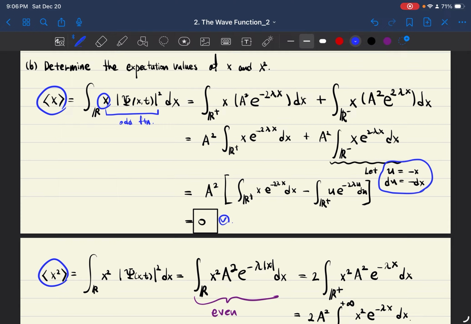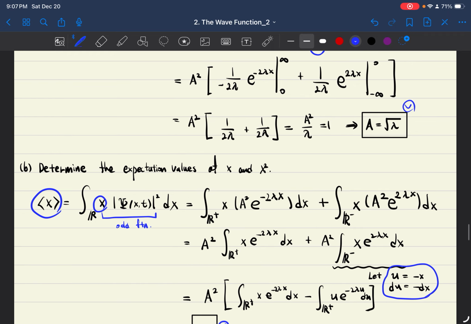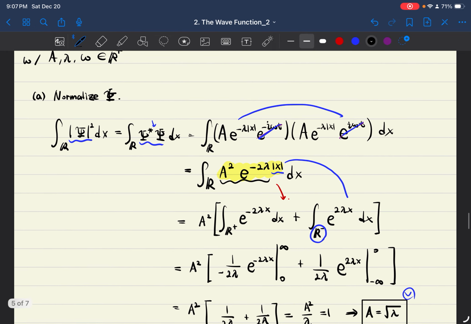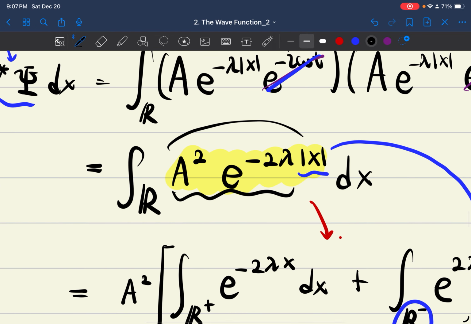But here is some fun thing. You can just expect the outcome before this whole dizzy calculation. Why? What was psi norm squared? It was this: A squared exponential minus 2 lambda absolute value of x.